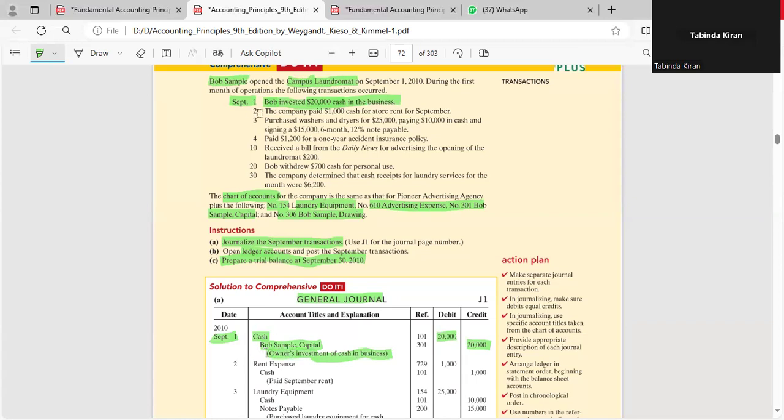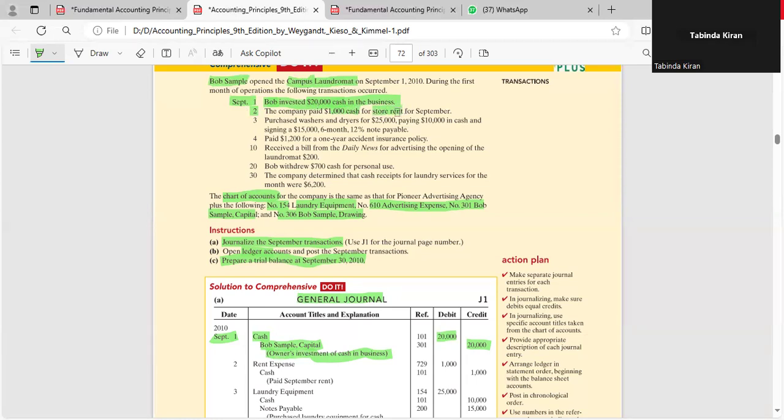Now let's read out the second transaction. Over here it states that the company paid. Paid means we have made the payment. The very first account involved here is cash, as you have made a payment of $1,000 cash. For what purpose? The purpose mentioned is the store rent for September. For the month of September you have paid the rent.